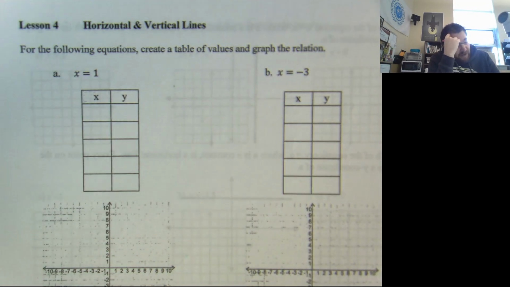We're going to create a table of values for all 4. And we're going to graph the thing. Okay, first one, letter A. X equals 1. What does that even mean? Anybody? Thoughts on x equals 1?